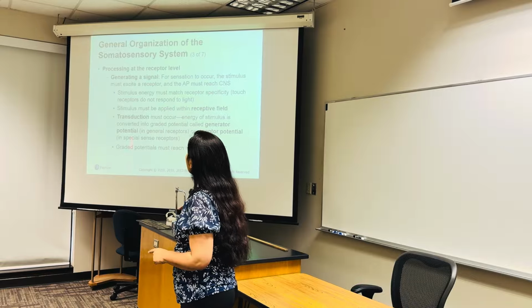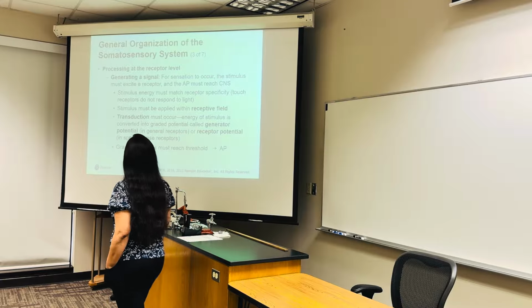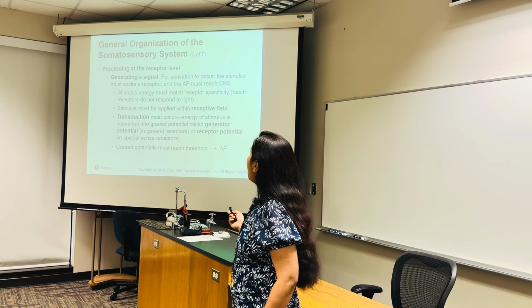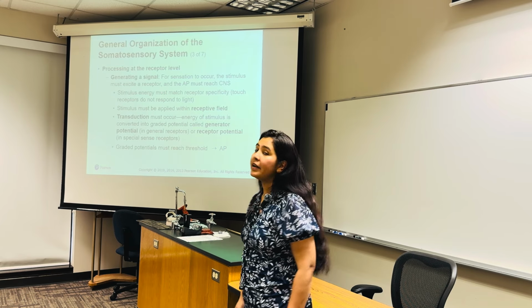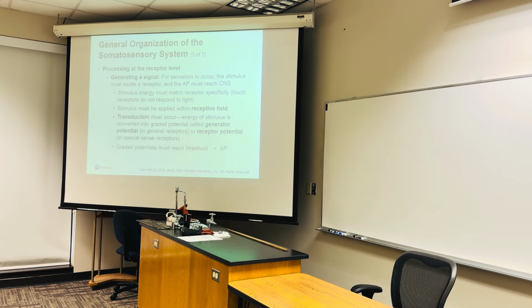So now let's talk about the processing at the receptor level, generating a signal. For sensation to occur, the stimulus must excite a receptor and the action potential must reach the central nervous system, right? If it is not reaching the central nervous system, you are not going to be able to understand what's going on. So what do we mean by that?